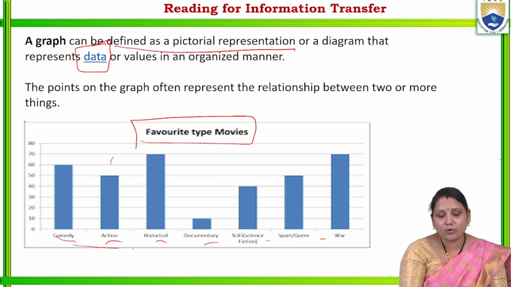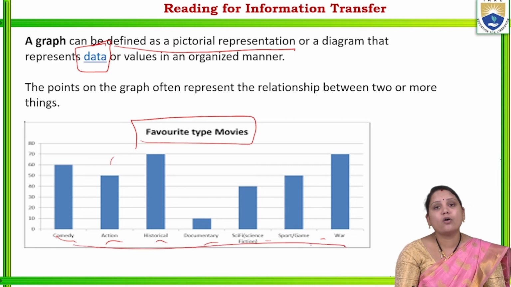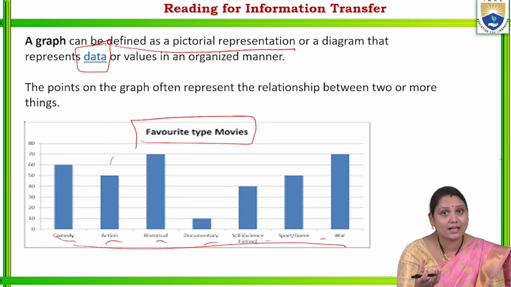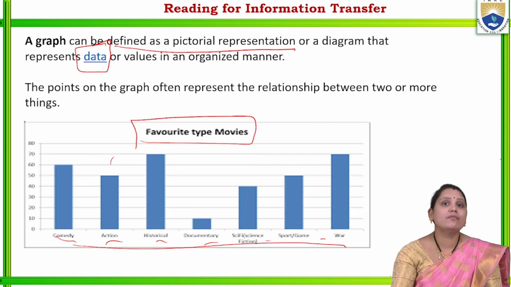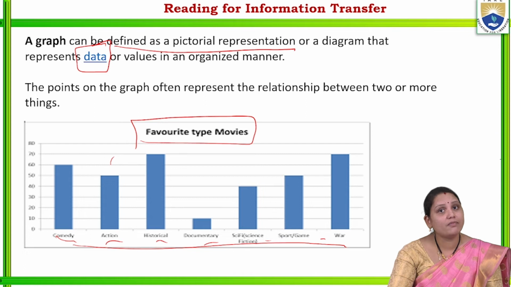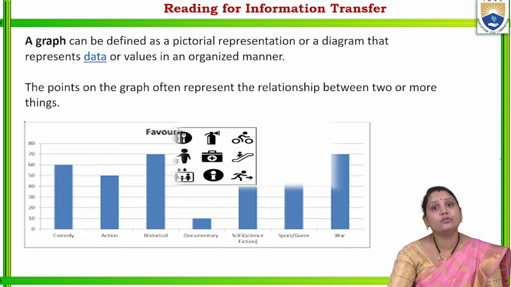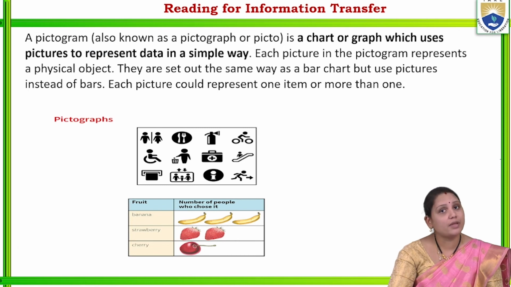So, I have kept all these things downward to show you the level of liking I have towards this kind of movies. This is only one example which I have shown you, but in technical terms, this will be very, very useful to you. Graphical representation must be learnt by all professionals. It is very, very important in your professional growth.